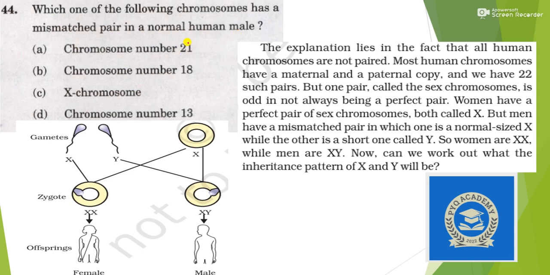So you know, the options are set in a way that you can simply go for odd one out, because if the options were in terms of X and Y chromosome, then you may have had doubt in those options, but these are very simple ones, and this is simply taken from class 10 NCERT, and you can find here that the men have a mismatched pair in which one is a normal sized X while the other is a short one called Y. So the X chromosome is not the mismatched one.